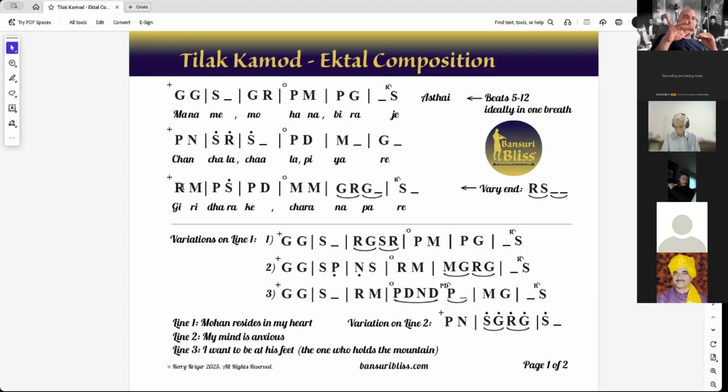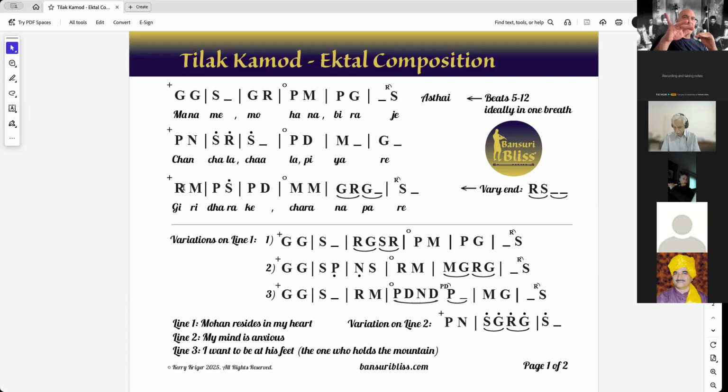Now, if we want to follow our general approach of using ornaments that are above, we have to go up to come down. We're trying to get from da down to ma.